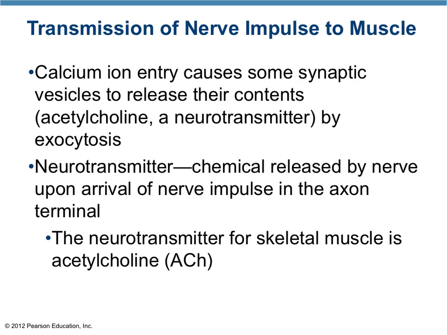When the calcium ions enter, it causes some of the synaptic vesicles of the nerve cell to release their contents, and in this case they release acetylcholine. That's the neurotransmitter that communicates between nerve cells and muscle cells, and that leaves the nerve cell by a process called exocytosis. That neurotransmitter is a chemical released by nerve cells, and it is going to attach to the muscle cell and tell it to contract.